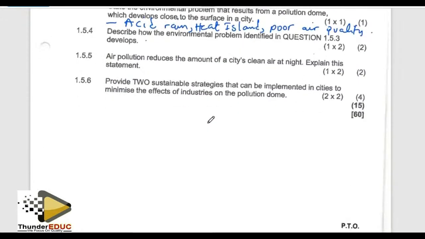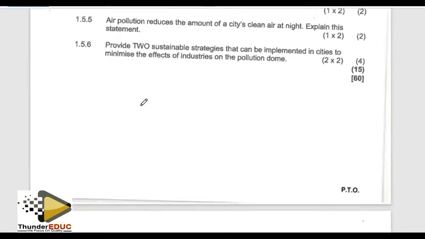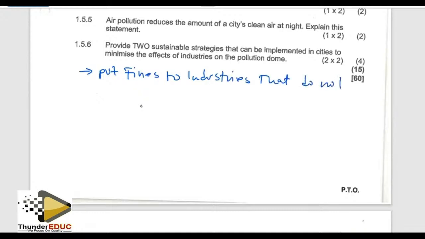Okay, to minimize, I think we have space here. We could say put fines on industries that do not respect regulations on pollution.